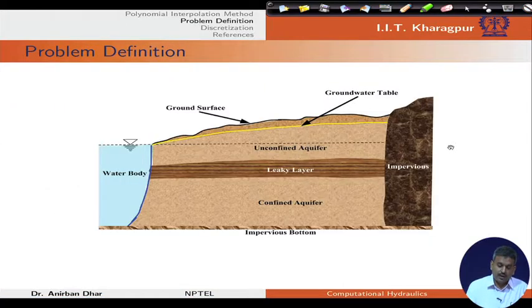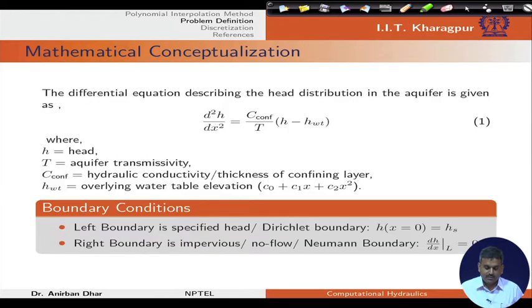Now, in case of our groundwater flow in one dimension, this was the problem definition. We have seen the discretization using finite difference and finite volume technique. Now, let us see how we can utilize the same problem and use our mesh free method to discretize the governing equations.